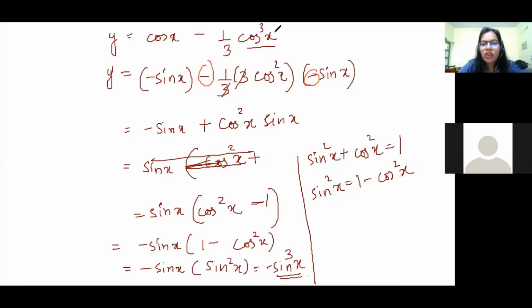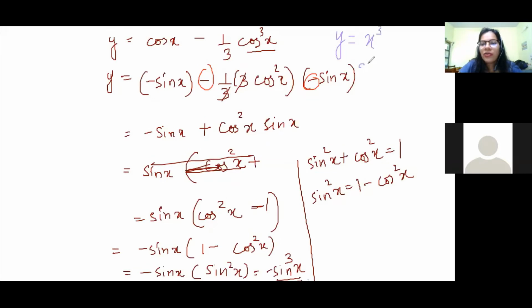Minus 1 by 3 cos cube x was there, so minus 1 by 3. As I mentioned before, if anything like x cube is there, dy by dx will be 3x square. Taking the same concept, it becomes 3 cos square x. Then you have to take the differentiation of cos x, which is minus sin x. Now this becomes minus sin x.